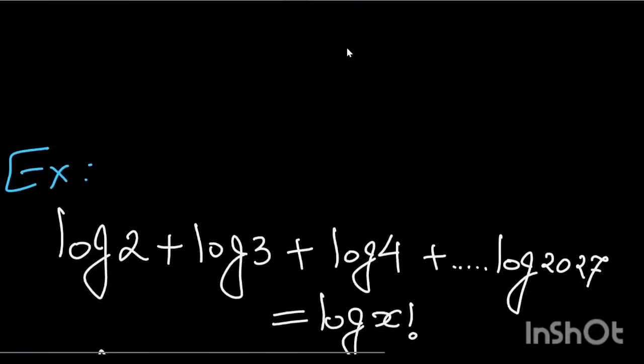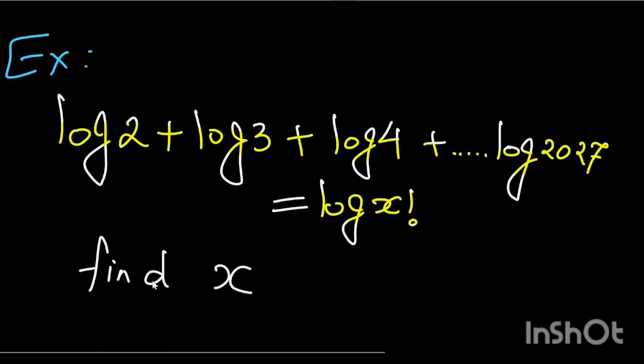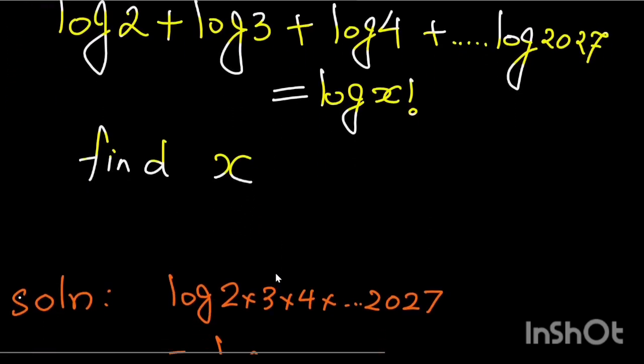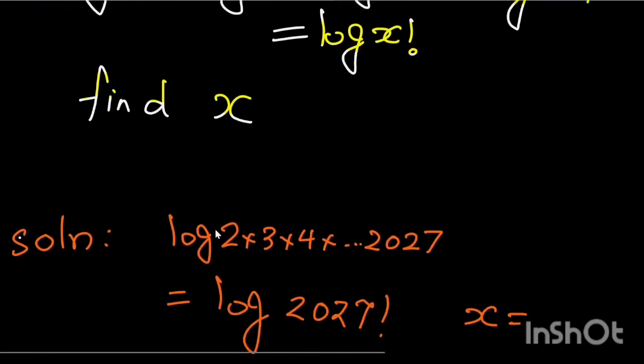Now let's take another example. Log 2 plus log 3 plus log 4 till log 2027 is log x factorial. So what is x? Find x. Again we will use the log property. In the solution, all will come in multiplication.